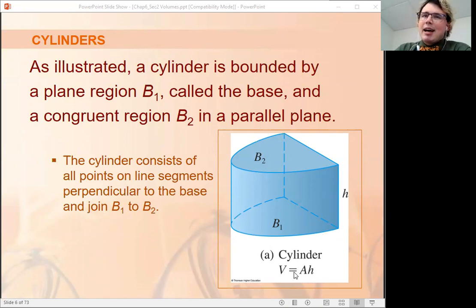So if I had a circular cylinder, this would be my pi r squared h, but I can do this for other bases besides just circles. That'll be very handy as we move forward in this lecture.